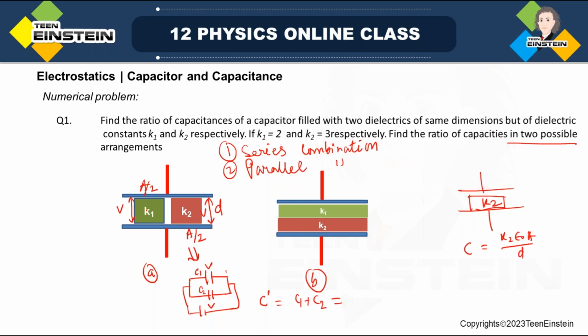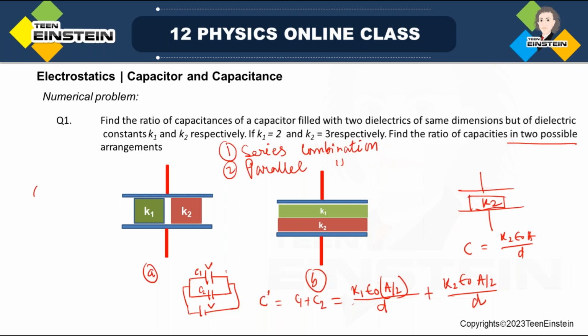A similar formula applies here. There are two capacitors, and in the case of C1, we can write K1 epsilon naught A by 2, not A, because the area has become half, divided by D. For the other part, we can write the same thing, K2 epsilon naught A by 2 into D. I'll clean this portion and write nicely.